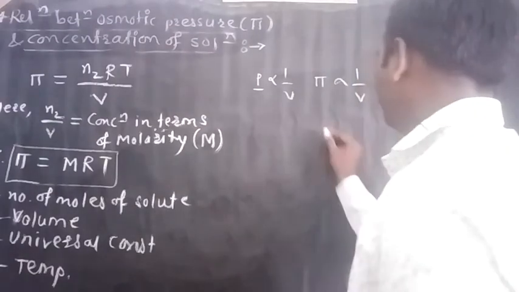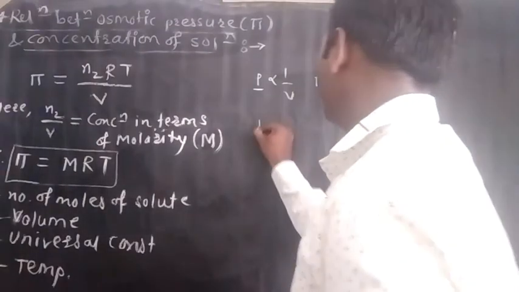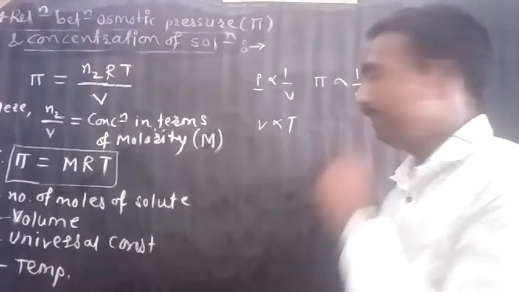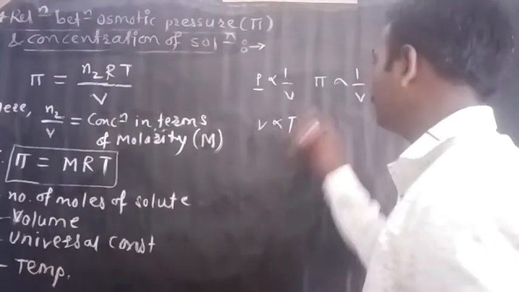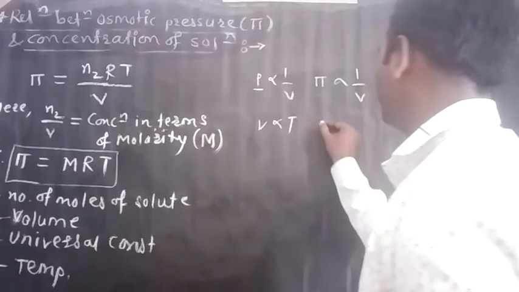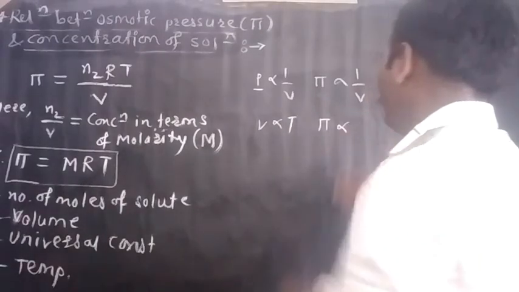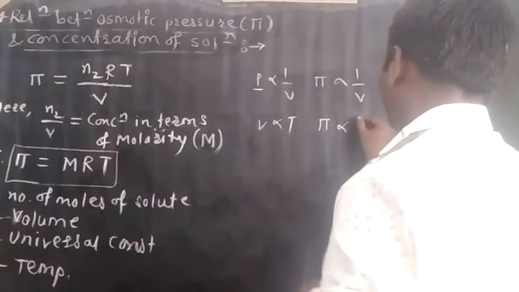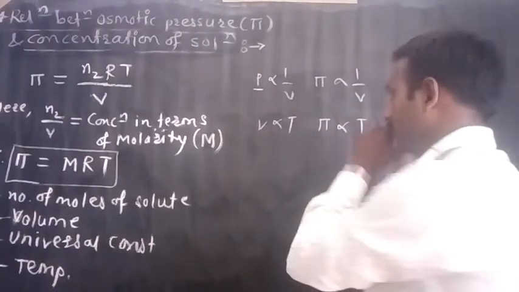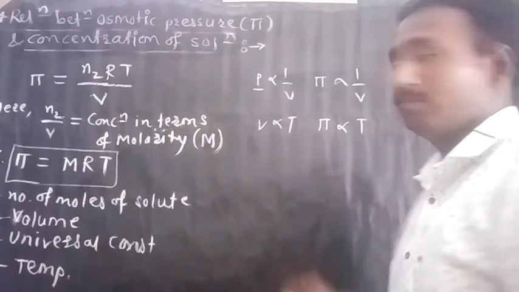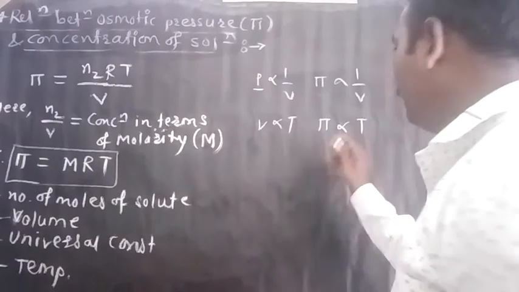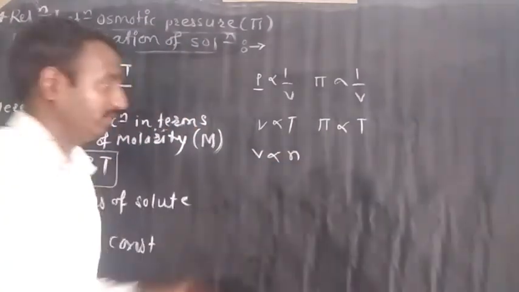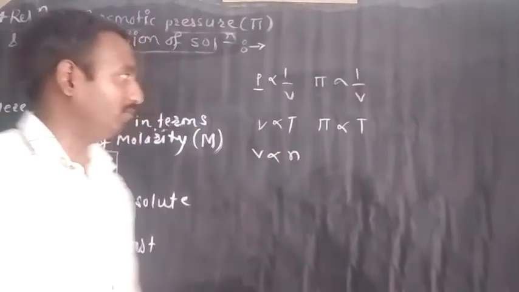Next, there was another law, V is directly proportional to T. Here we consider V in terms of osmotic pressure, and we place pi instead of V, so pi is also directly proportional to T. Then third, there was one law, V is directly proportional to N. Volume is directly proportional to number of moles.